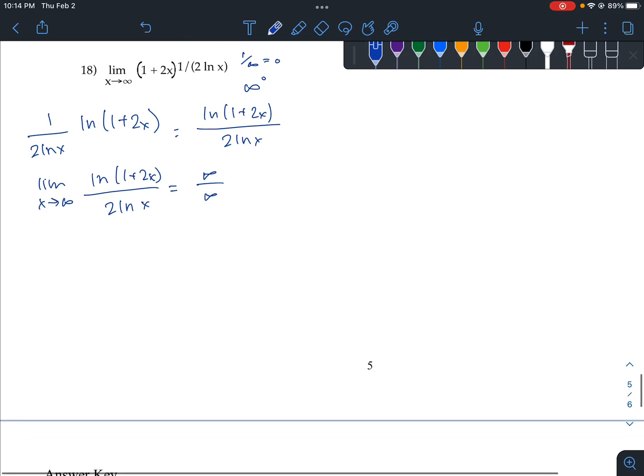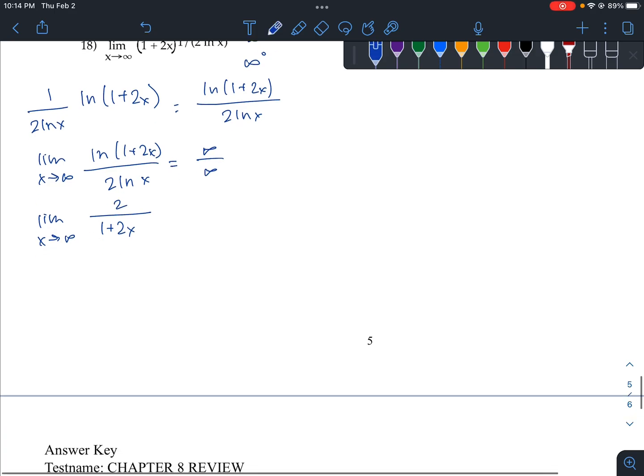So now we'll do L'Hopital's rule. The limit as x approaches infinity, the derivative of that is going to be 1 divided by 1 plus 2x. I need to multiply by 2 because of the chain rule, so that should be that. And then divided by the derivative of that, which will be 2 times 1 over x. Right?